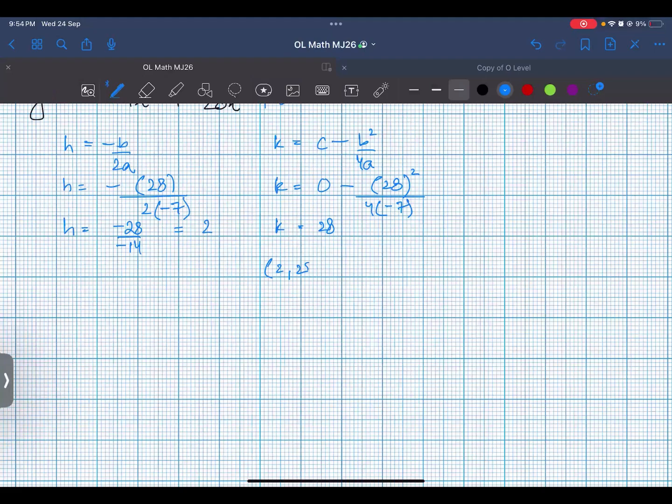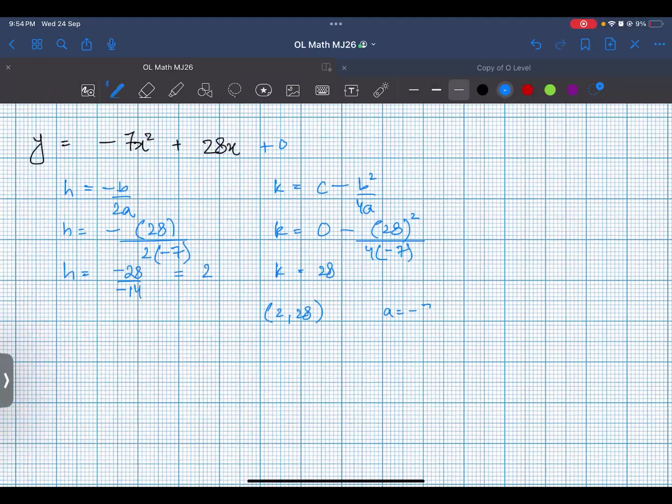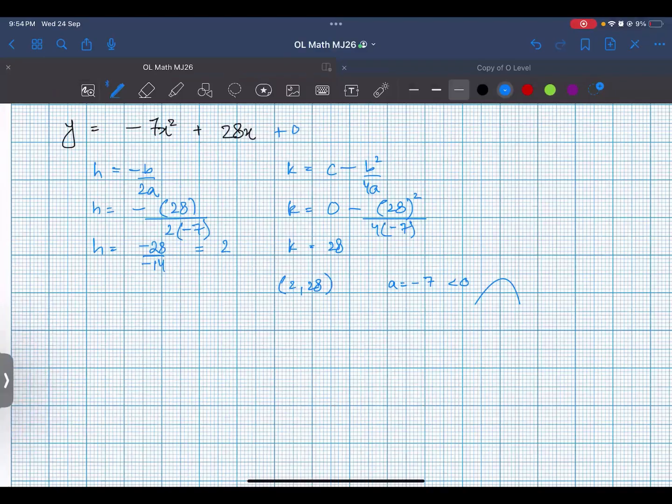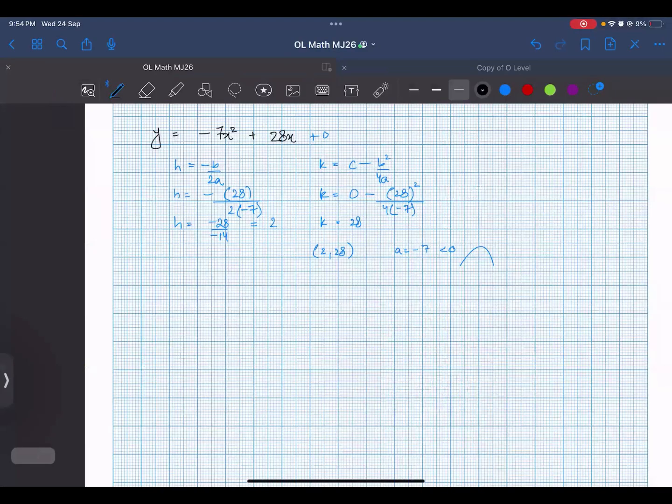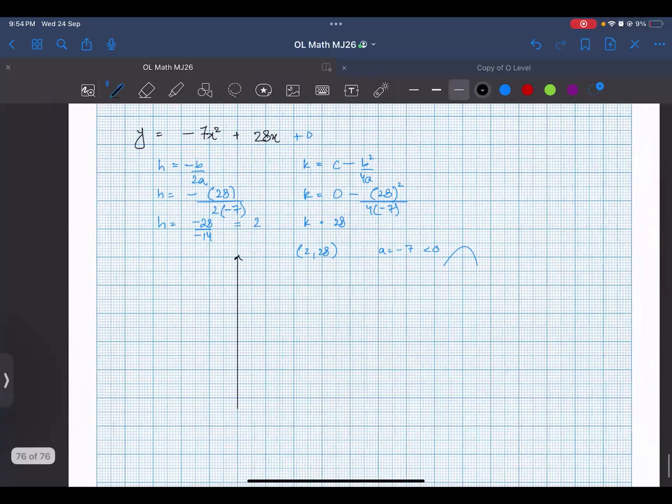And you can see the value of a. A is minus 7, which is negative. So this means that this would be a sad face. A is minus 7, sad face. Both points are positive and it is going down.